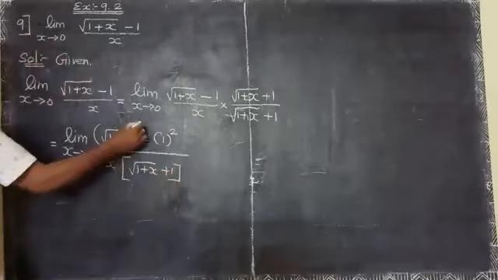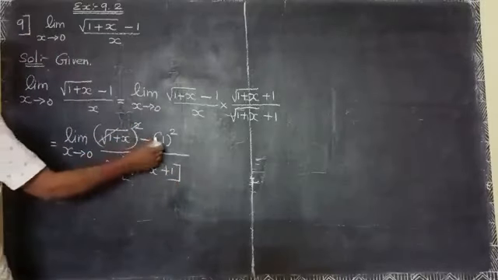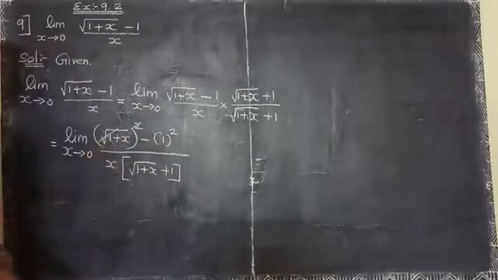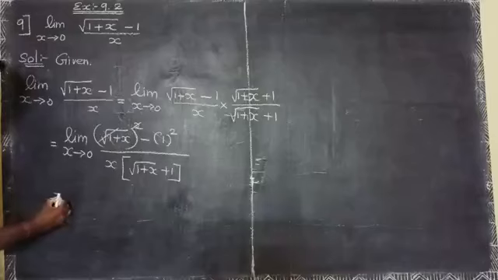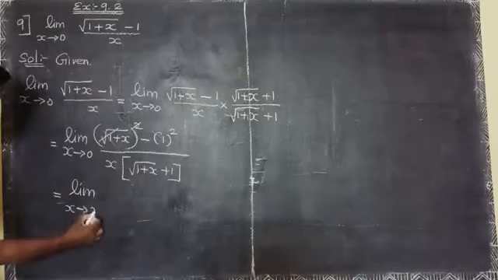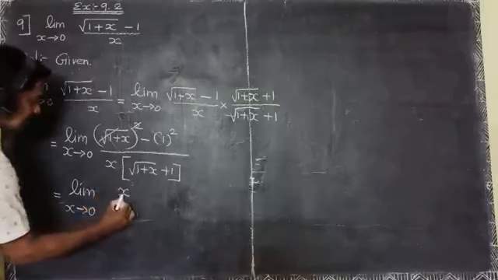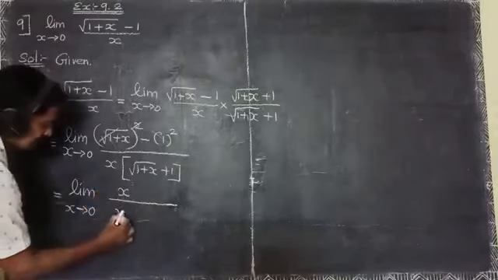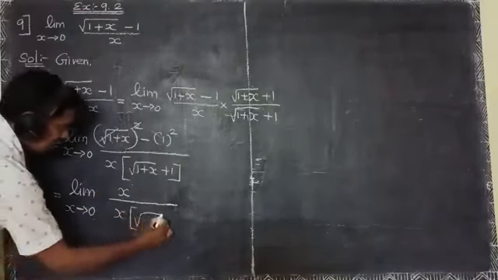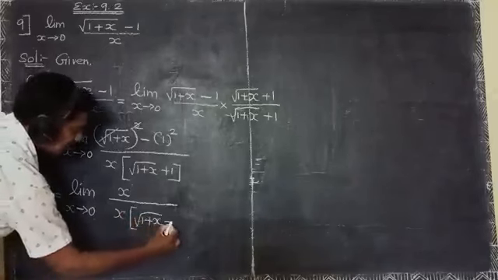Here the square roots are cancelled, 1 + x minus 1, minus 1 plus 1 cancelled, remaining limit x approaches 0, numerator x divided by denominator x into square root of 1 + x plus 1.